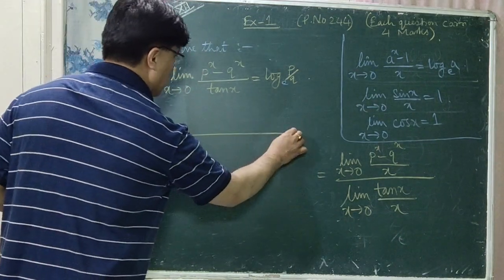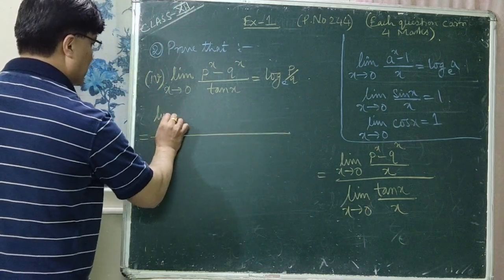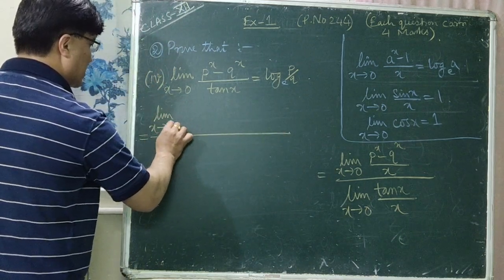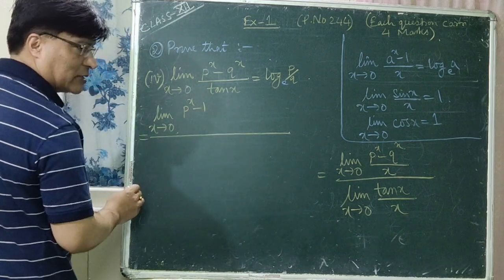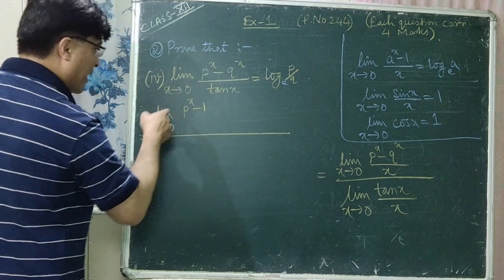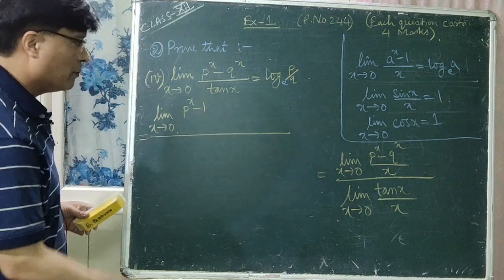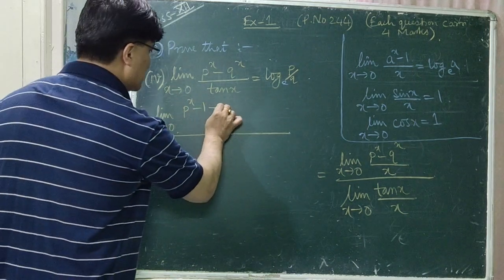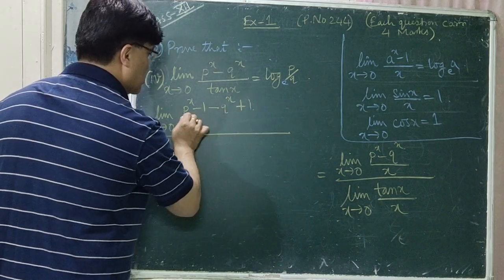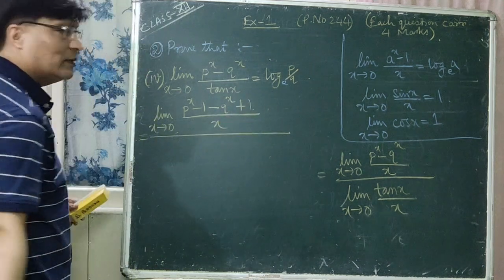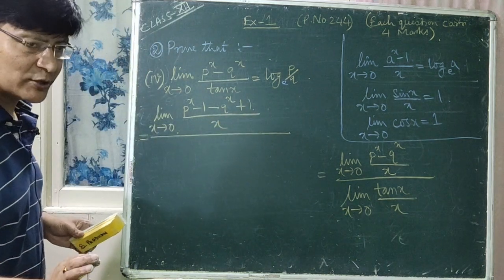So in the numerator you write limit x tends to 0, p to the power x minus 1. We have added minus 1 there, but it should be cancelled, so first you write minus q to the power x, then you have to write plus 1, whole divided by x.